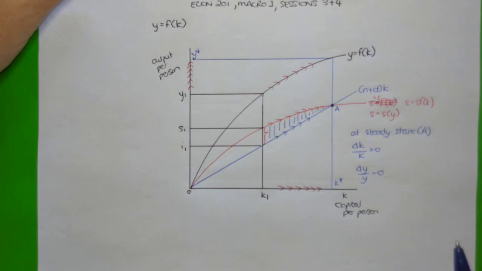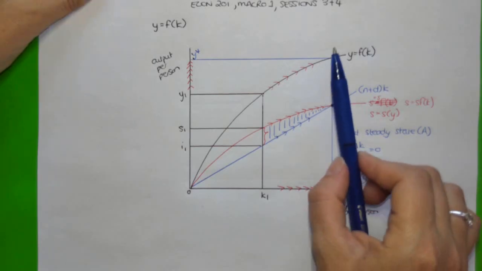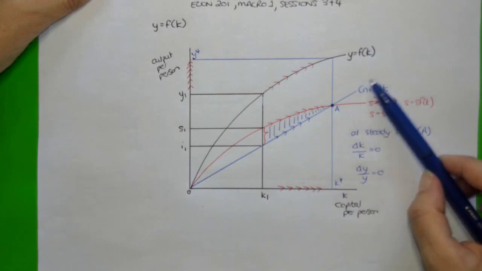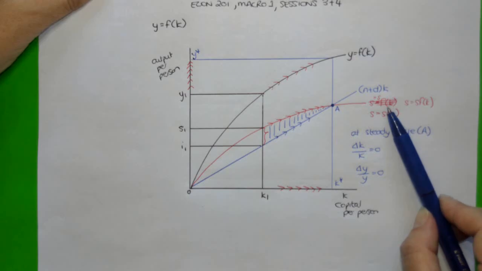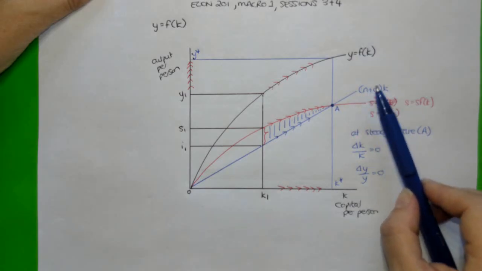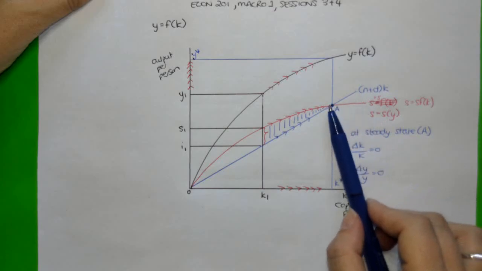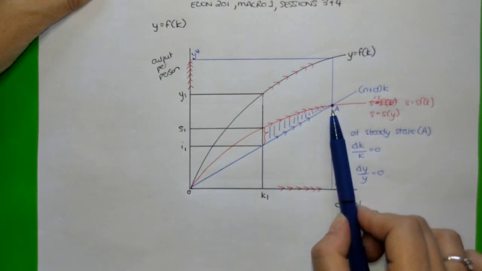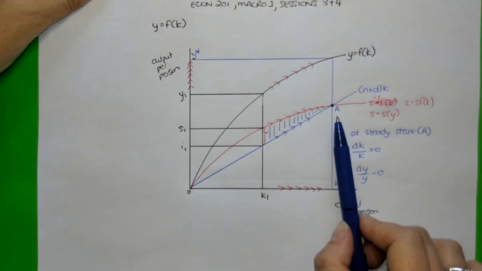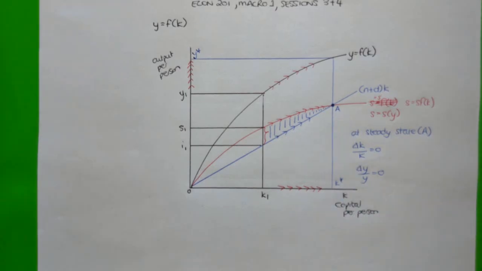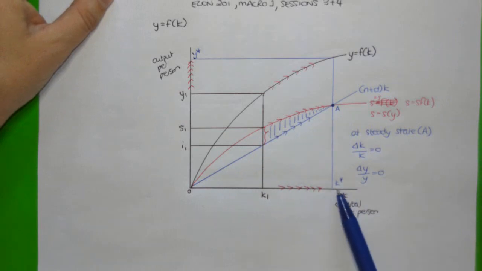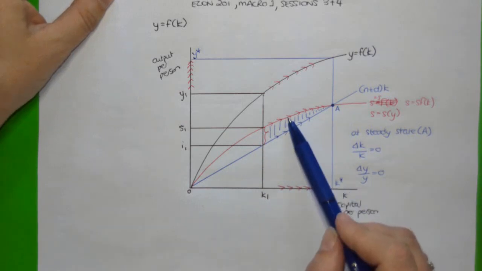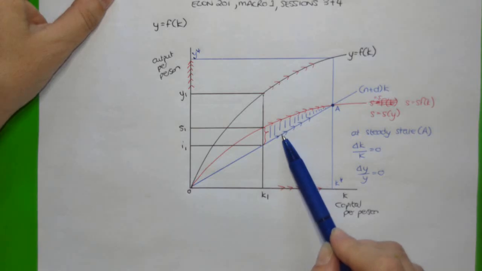Now, what I would like you to do is to think about situations where the investment requirement line lies above the savings function. Think of it as homework: think about how the economy would then move back towards the steady state, because that's what's going to happen. A steady state means that the economy is driven towards that steady state. At capital to labor ratios below K star, the savings function exceeds the investment requirement line.